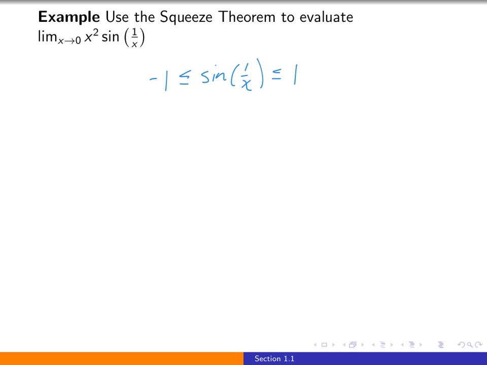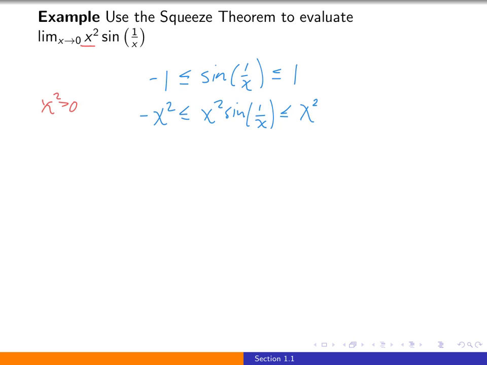So what we need to do is take the x squared and multiply the inequality by it. And since x squared is bigger than 0 when x is not 0, we will not change around the direction of the inequalities. So minus x squared is less than or equal to x squared times sine 1 over x is less than or equal to positive x squared.